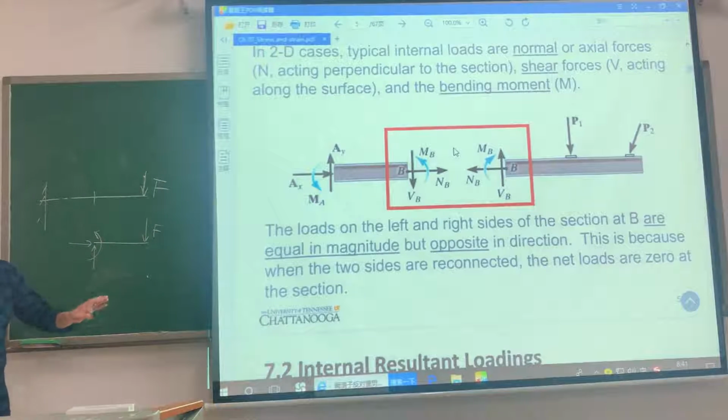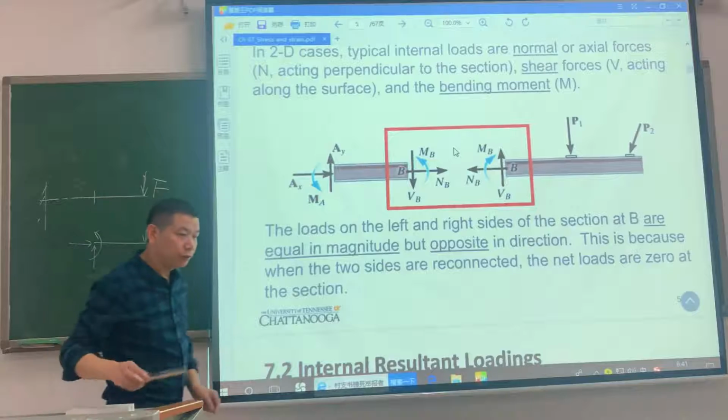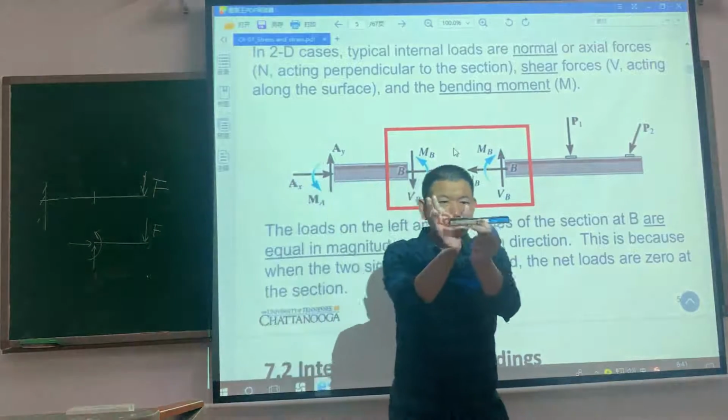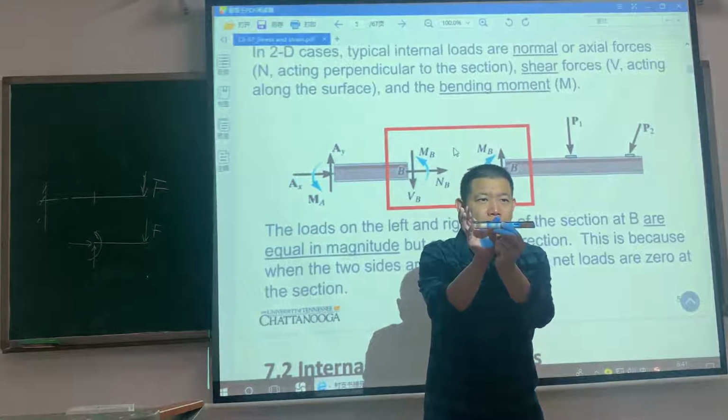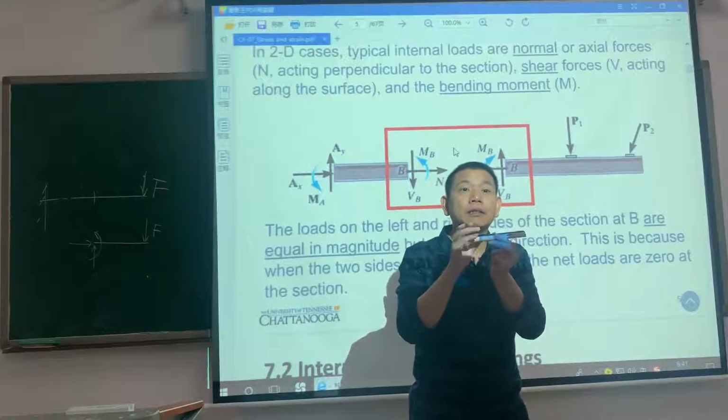For any rod, at any section, one part is a fixed end when we study the other part. Because for a rod, one part can't move relative to the other part.